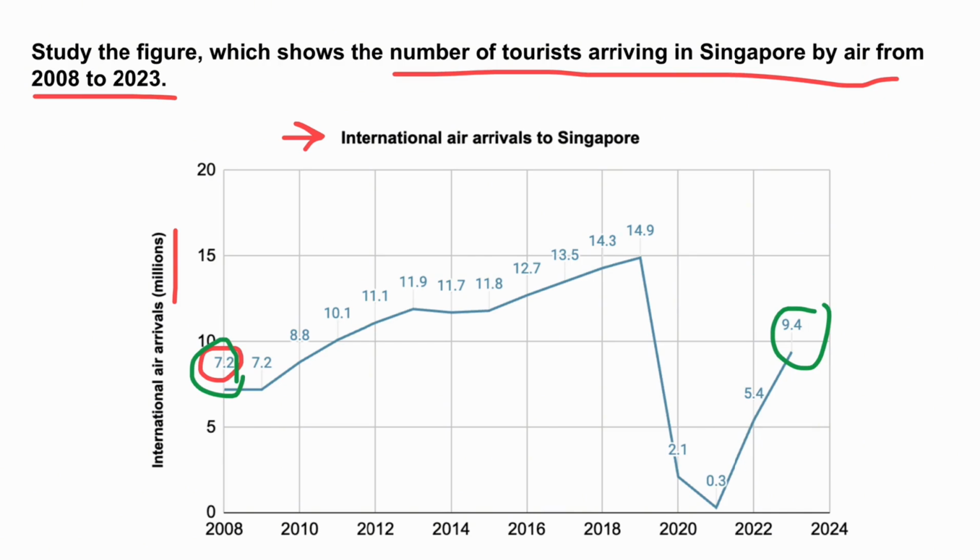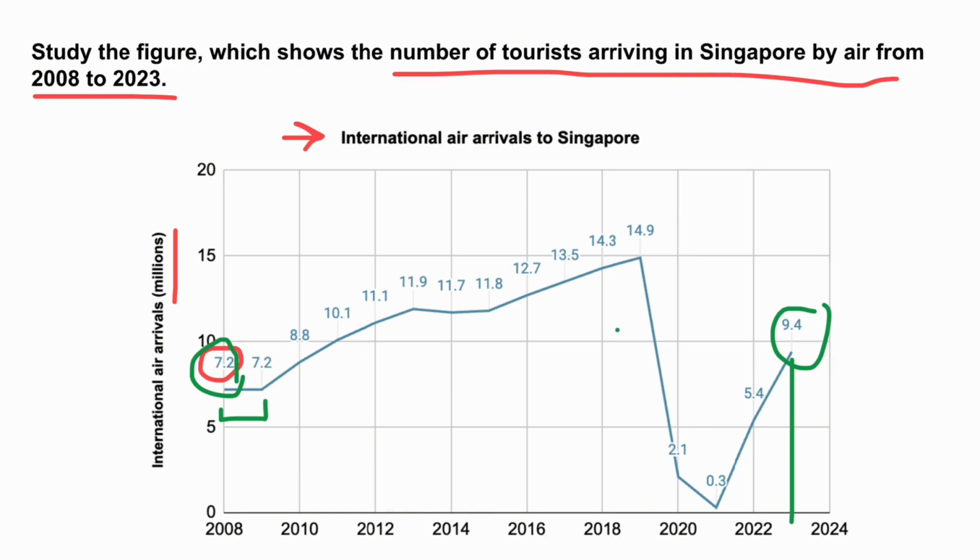When we talk about specific or very significant trends, we're talking about, is there a time period between 2008 and 2023 that we can specifically take note of? For example, some students may talk about 7.2 to 7.2. This is a time period whereby the numbers are similar. That is a significant thing they spotted. That's okay.